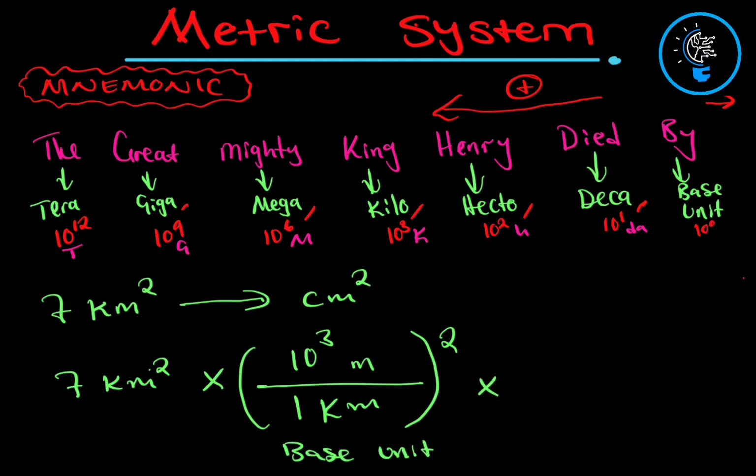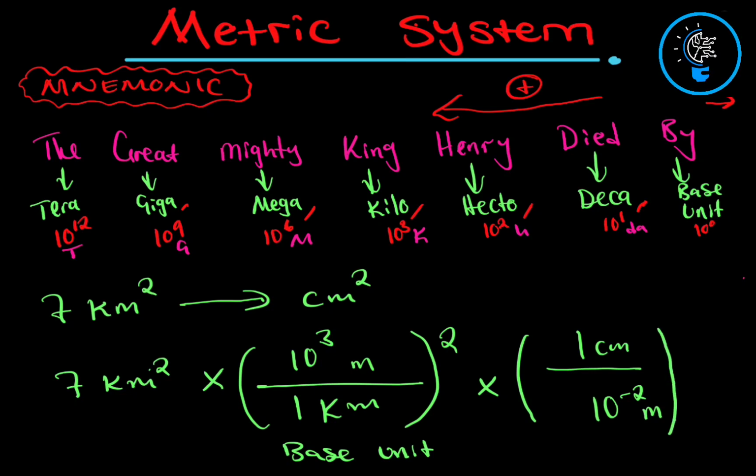Now from here, we can convert from the base unit to centimeters. So now we are going to use the conversion factor of 1 centimeter. We know that a centi has 10 to the power negative 2.